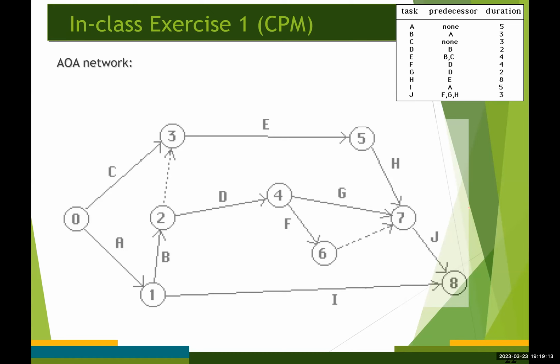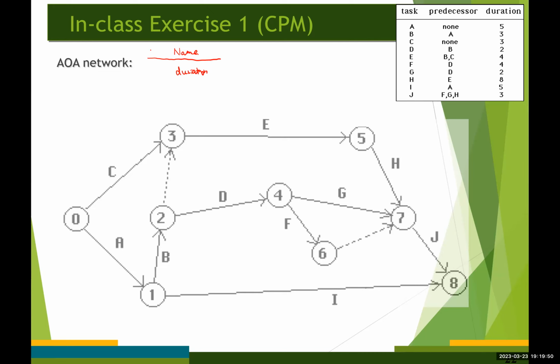So as before, I'm going to use this notation. For each activity, I'm going to put the name of each activity, and then I'm going to put the duration of each activity down here.